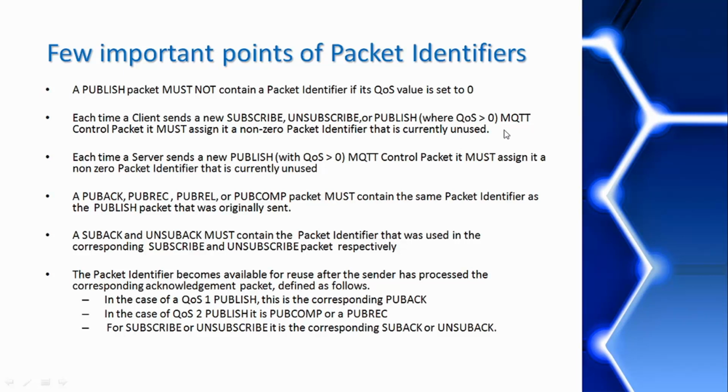Each time a server sends a new publish MQTT control packet, it must assign it a non-zero packet identifier that is currently unused. A puback, pubrec, pubrel or pubcomp packet, which is the acknowledgement command of the publish, must contain the same packet identifier as the publish packet that was originally sent.